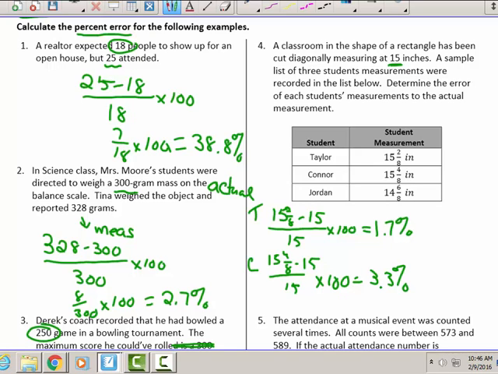And then for Jordan, we have 15 6/8 minus 15 divided by 15 times 100. So we have divided by 15 times 100, and we're getting 5% for that one.